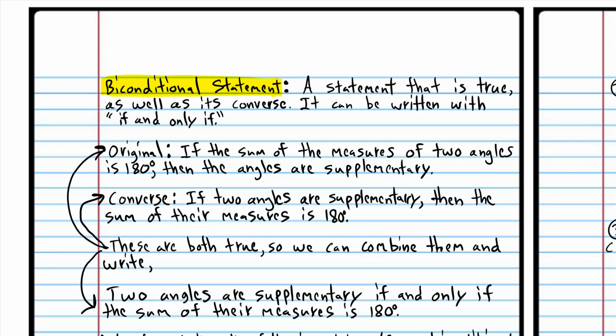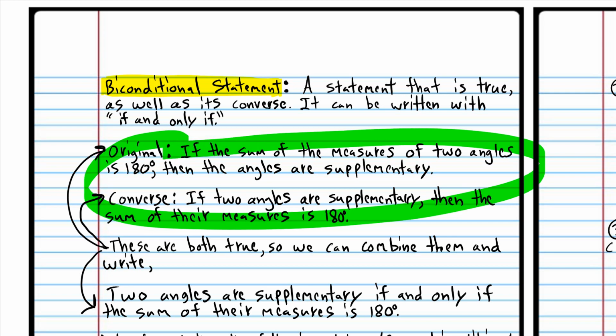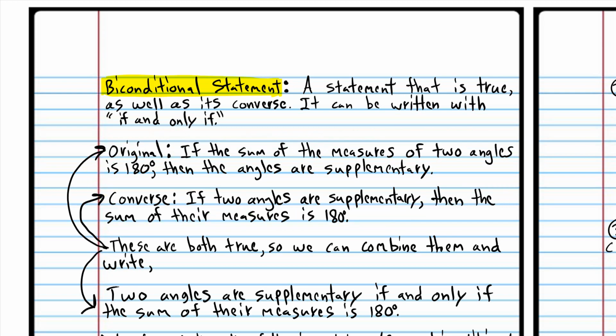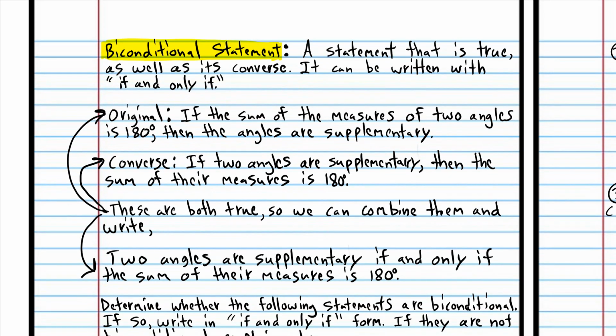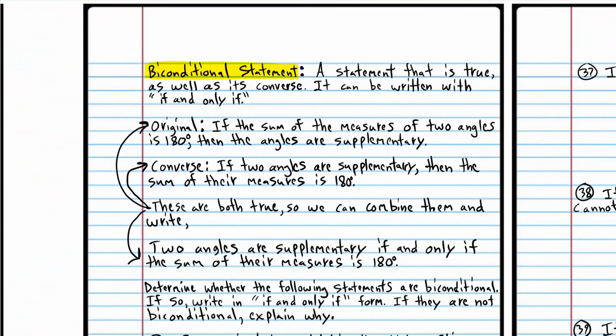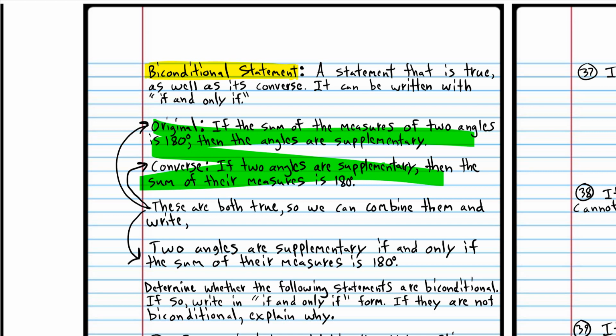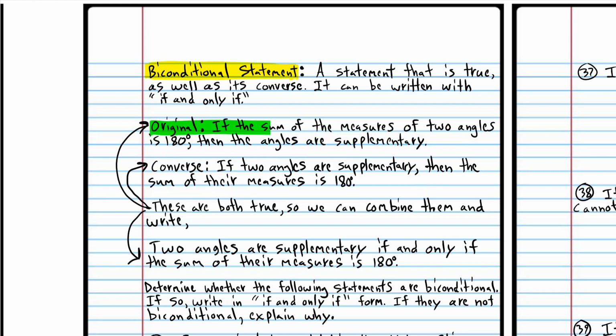It turns out that because this is actually a definition, definitions are always biconditional statements, meaning the original statement and the converse, they always work. Now because these statements are both true, the original statement is biconditional, and we can combine them and use the phrase if and only if.